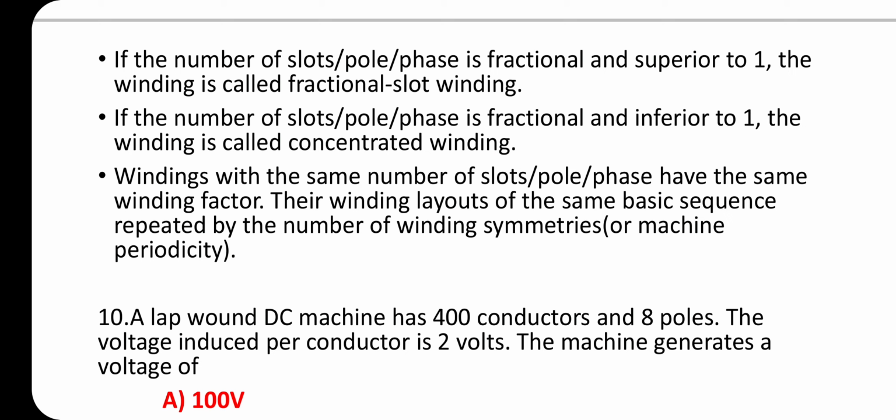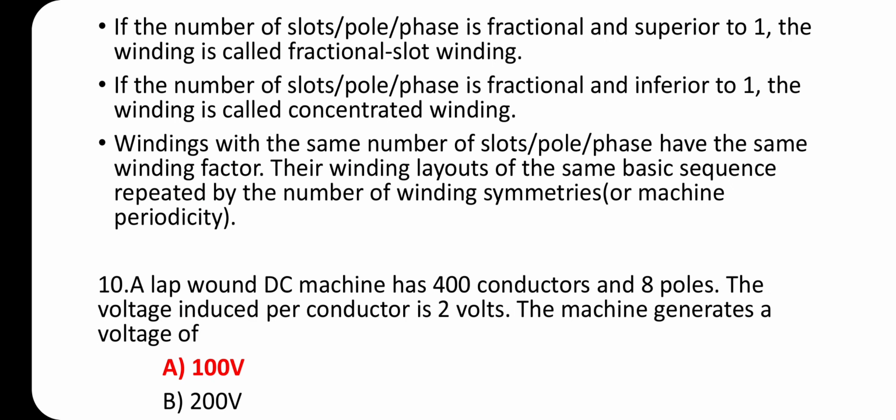If it is fractional and inferior to 1, the winding is called concentrated winding. Windings with the same number of slots per pole per phase have the same winding factor. They are winding layouts of the same basic sequence repeated by the number of winding symmetries or machine periodicity.